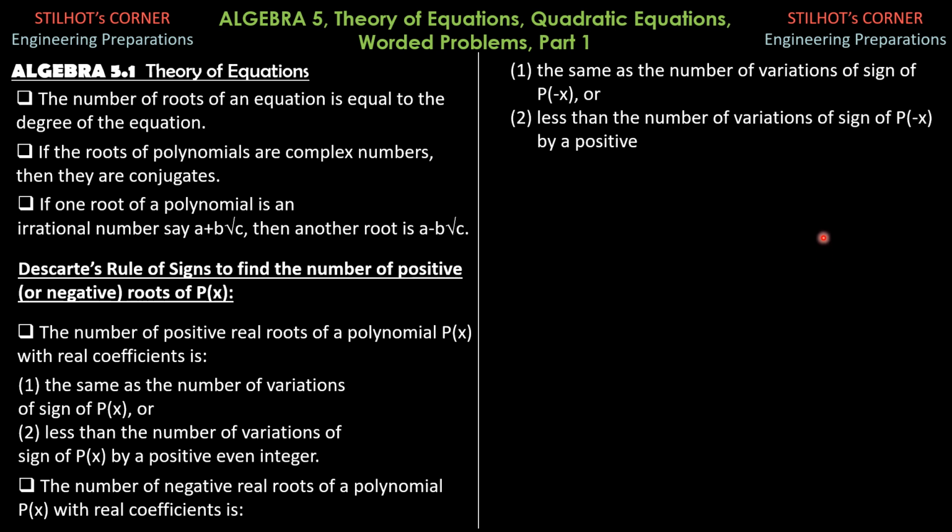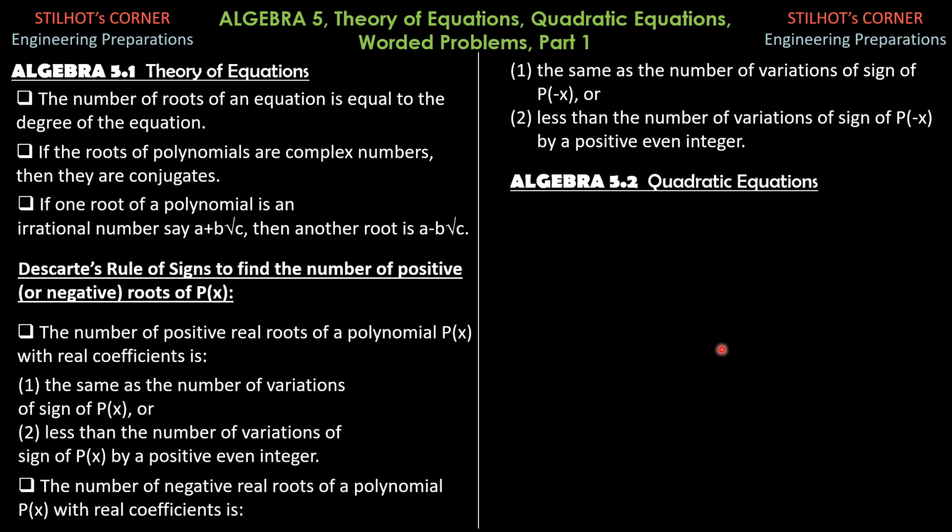So another illustration, after we count the number of variations of signs of P of negative x, let us say it is 3, then the number of negative roots would be 3 or 1. If the number of variations in signs of P of negative x is 5, then the number of negative roots would be 5 or 3 or 1. So that's it. That's the principle.